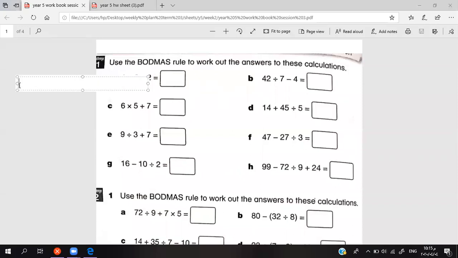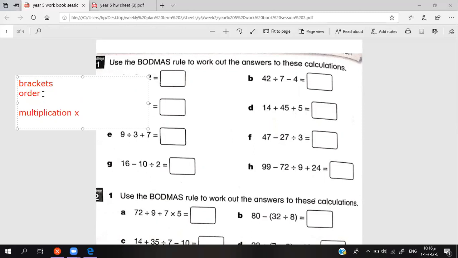Okay, so I said that B is for brackets and O is for order. Order of what? Order of operation. M is for multiplication, which is the times. I'm sorry, there's a D that I forgot.